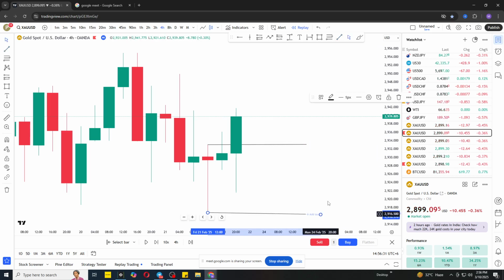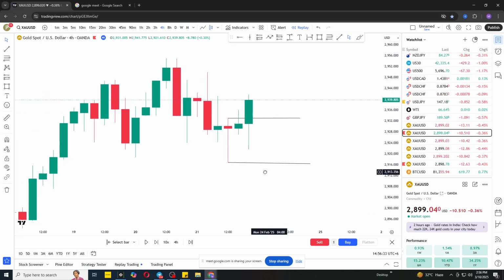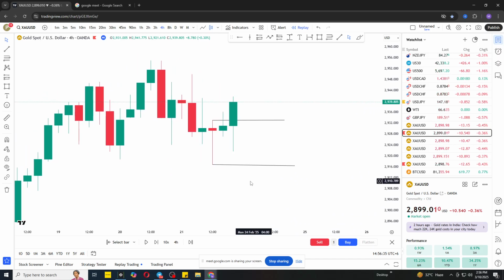Irregular combination. And that combination's name is what? Engulfing. Buy or sell? Buy. As it is a buy engulfing, we expect the market should come here and then buy.